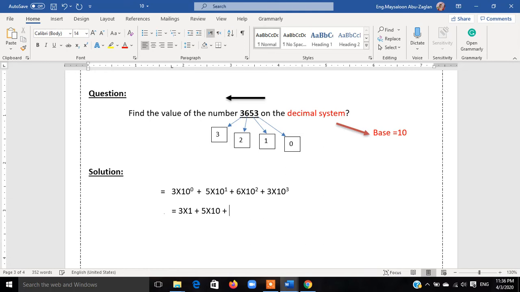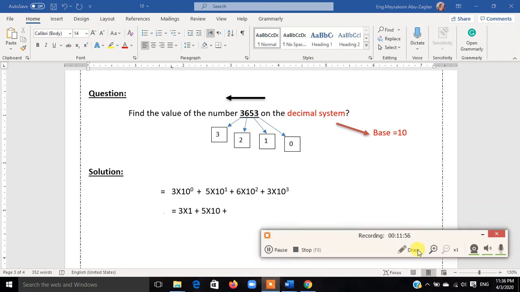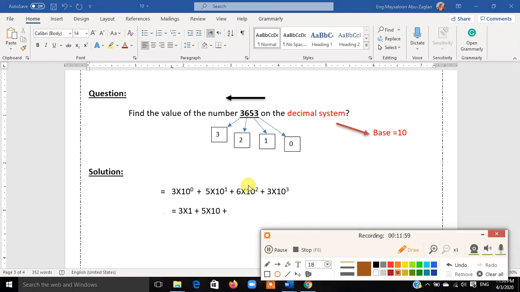Plus here, as we said, 10 power 2 means that we are going to multiply the 10 by itself twice. So it will be 10 multiplied by 10, so it will be 100. I'm going to make it clear for you. This one will be 10 multiplied by 10, so the result will be 100.